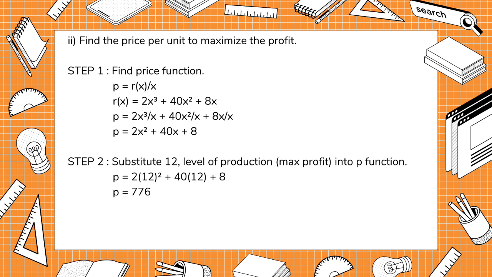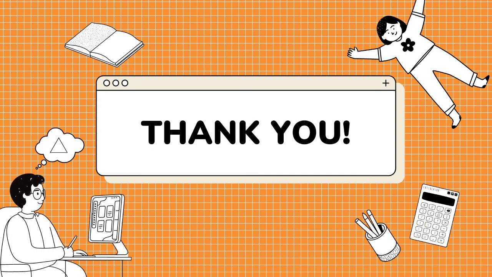Next, step 2, we have to substitute 12, which is the production level that maximizes the profit, into the P function, and the answer is 776. So, the price per unit to maximize the profit is 776 in Ringgit Malaysia.